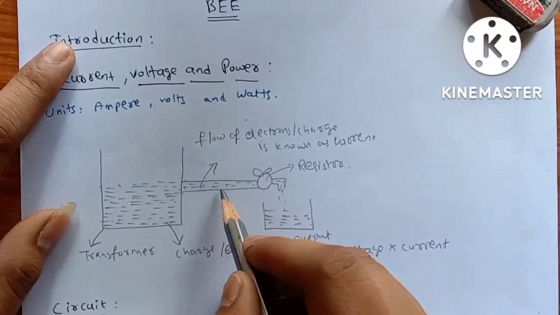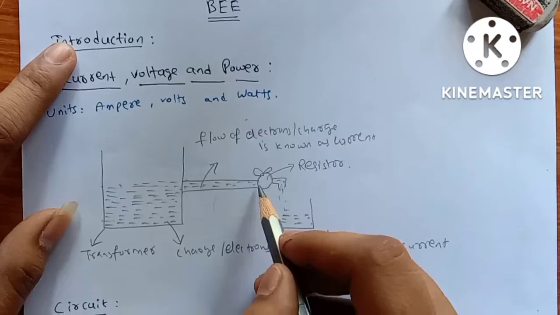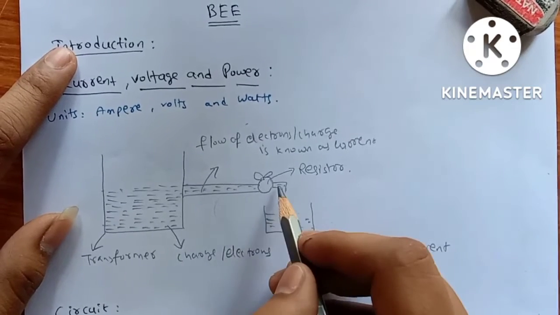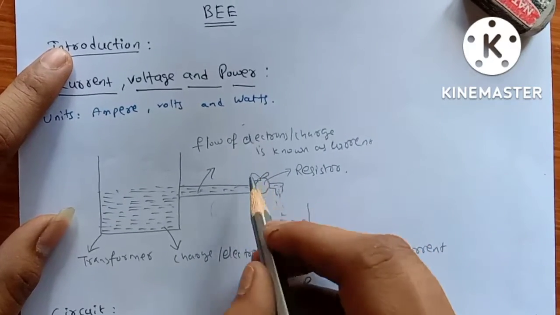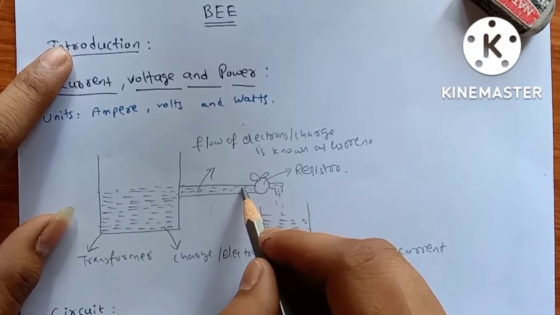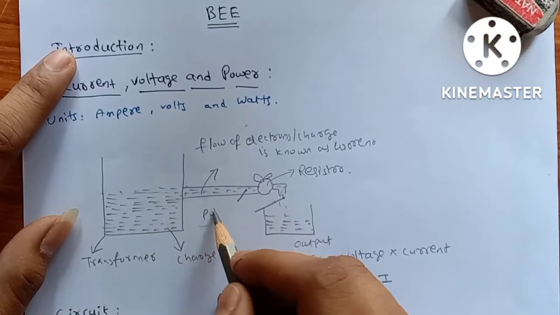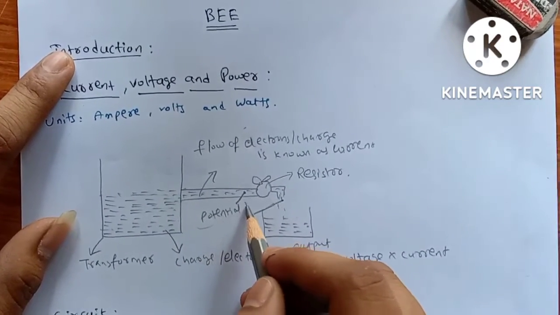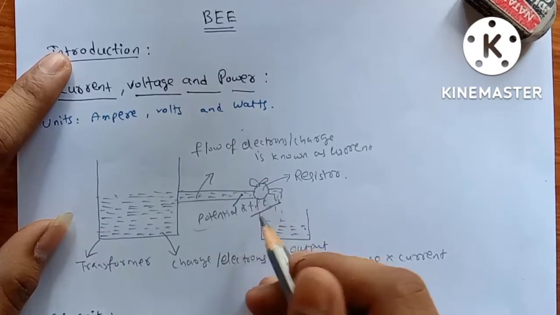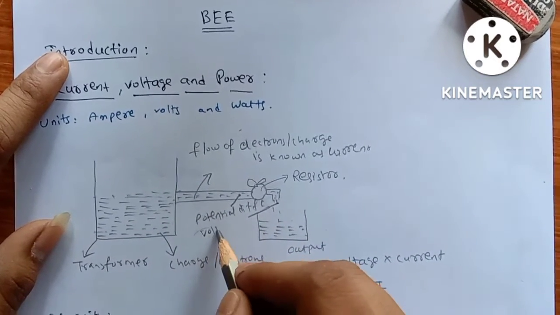Now here there is a generation of difference in force or pressure of water. In electrical it is known as potential difference. Potential difference is nothing but voltage.